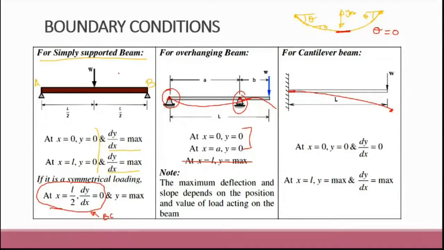Whereas in the other case, wherever you have maximum deflection, you will have dy by dx 0. Whereas this is different. Here, when x is equal to 0, y is 0, and dy by dx is also 0. So at this point, both y and dy by dx are 0. Theta is also 0. When x is equal to L, both are maximum. That is the difference in a cantilever beam.